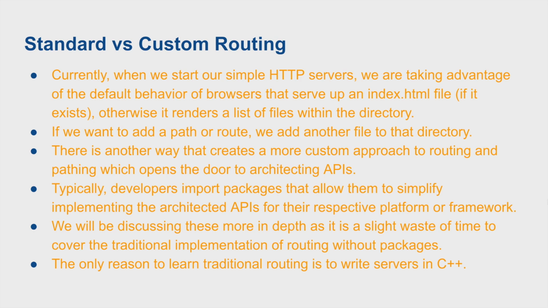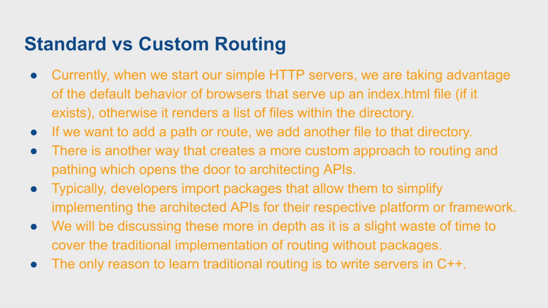If you want to add a path or route, you need to add another file to that directory based on our current behavior. There is another way that creates a more custom approach to routing and pathing, which opens the door for architecting APIs.